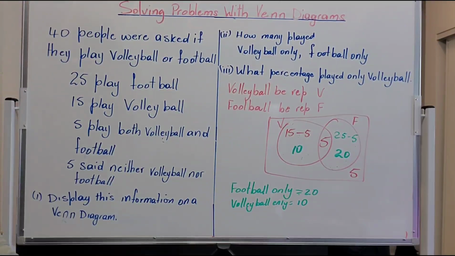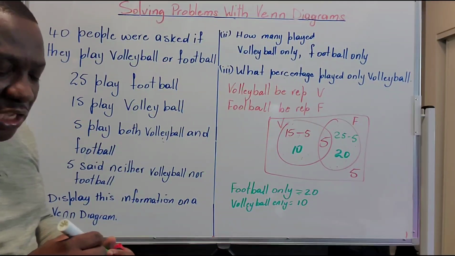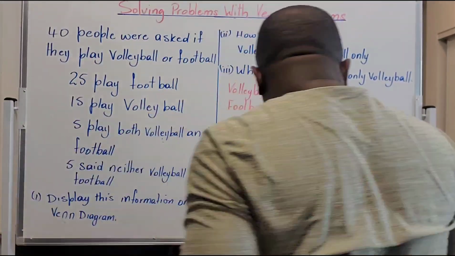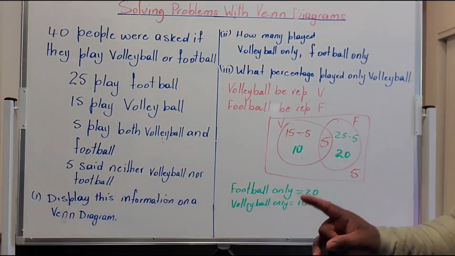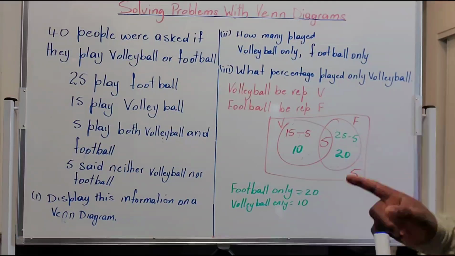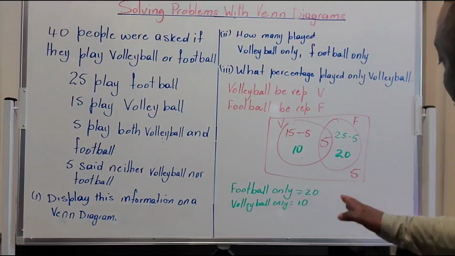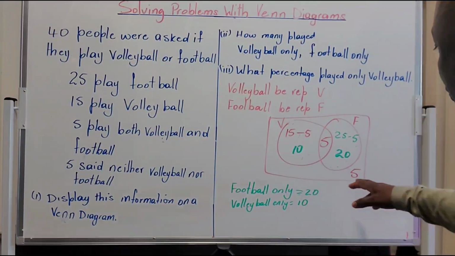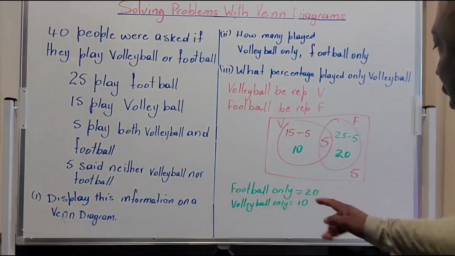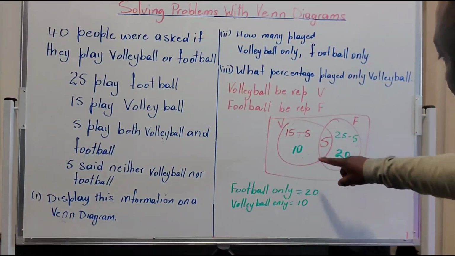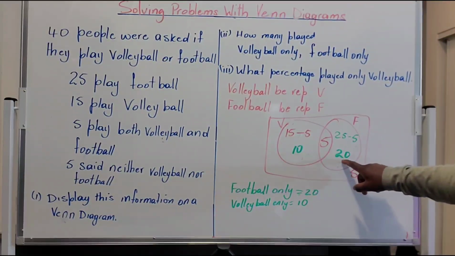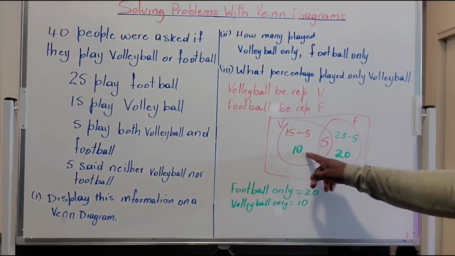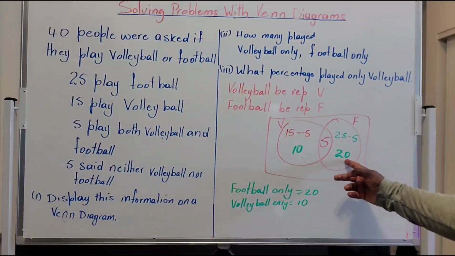What else did the problem ask us for? So guys, we can always check our work. Remember in total there are 40 persons being interviewed, so we must account for 40, so we can prove our answers. 10 is playing volleyball only, 20 is playing football only, 10 and 20 give us 30.